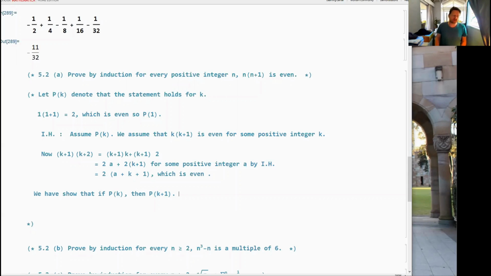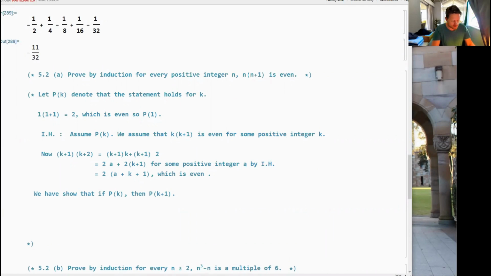So that's why this works, right? But you need to connect the dots by citing the principle of induction, which is a theorem. Okay, so then you say by the principle of mathematical induction, the result holds true for all positive integers.